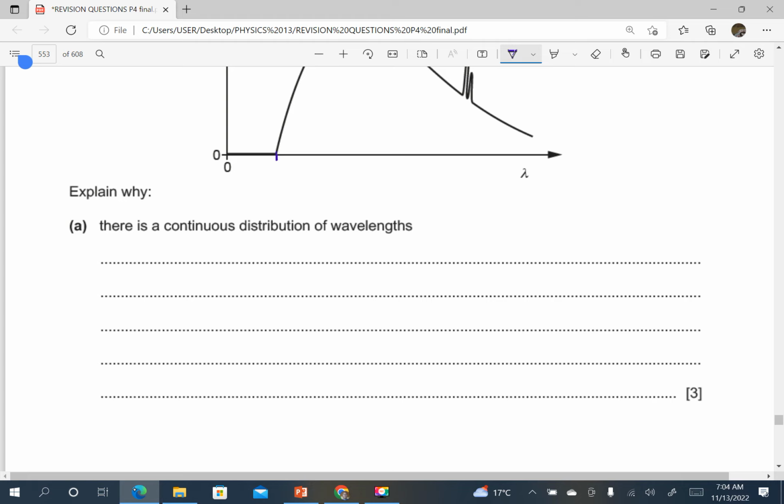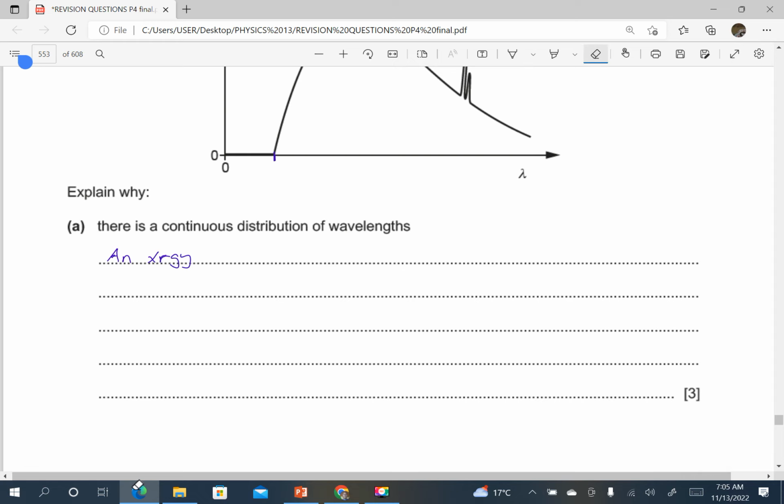So we can say an X-ray beam is produced when an electron is suddenly decelerated.